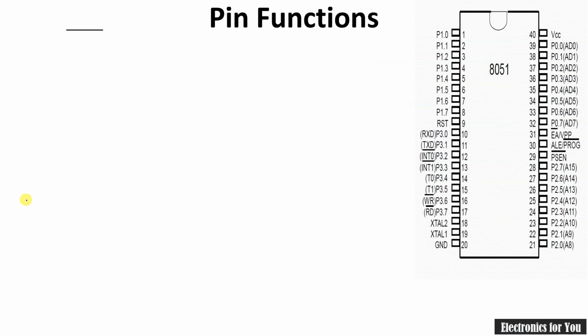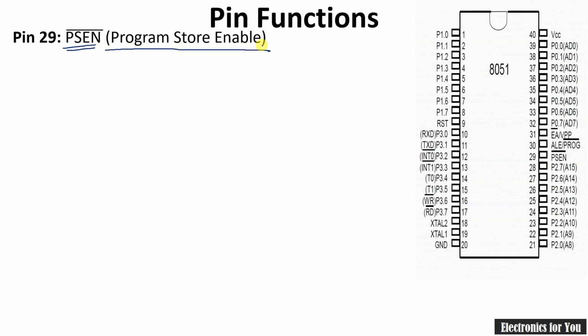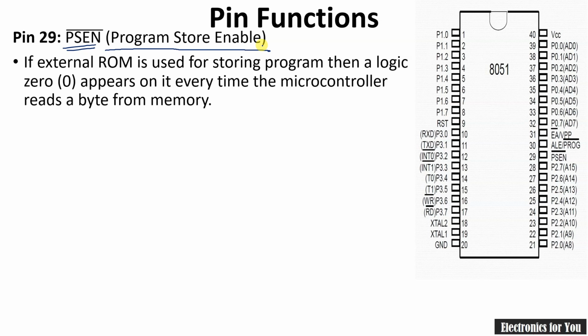Now next is pin number 29, which works as PSEN bar, which stands for program store enable. Here is the function of PSEN bar: if external ROM is used for storing the program, then logic 0 appears on it every time the microcontroller reads a byte from the memory.